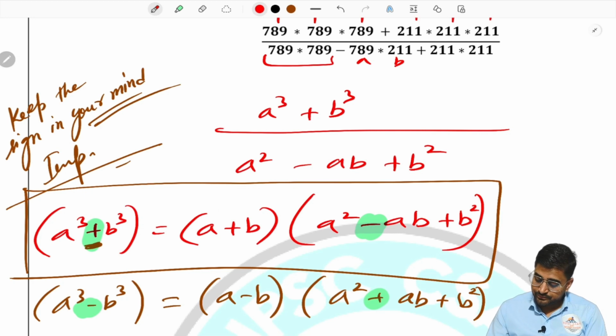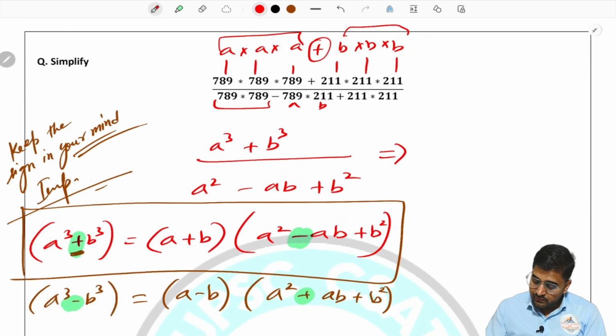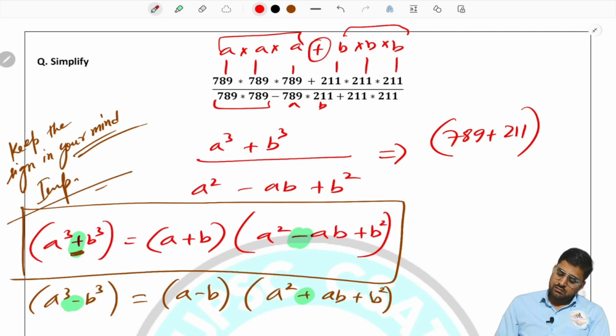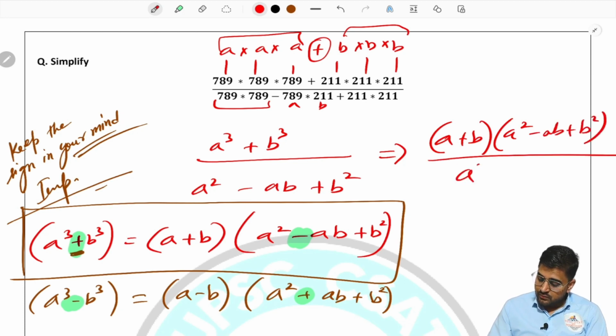Now solve the question. According to the question, what we have is 789 cubed. Open this and it becomes 789 plus 211. When you open the expression A cube plus B cube, it becomes A plus B times A square minus AB plus B square, and in the denominator you have this same term.